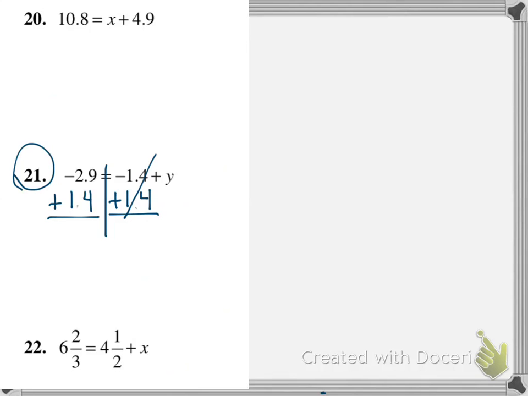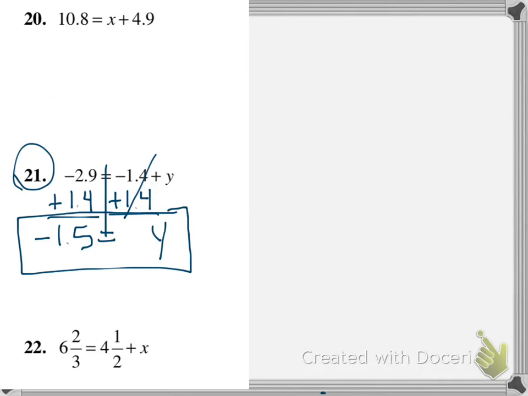Those cancel, negative 1.4 and 1.4 get you 0. So all I have left is y equals, and negative 2.9 plus 1.4 is definitely going to be a negative, because the larger number is negative, and it's 1.5. So y equals negative 1.5.